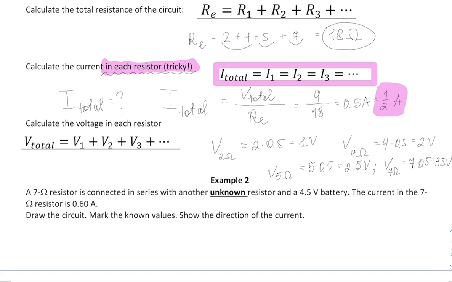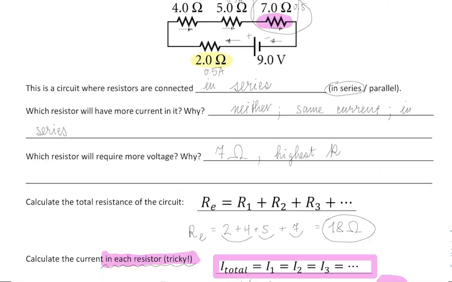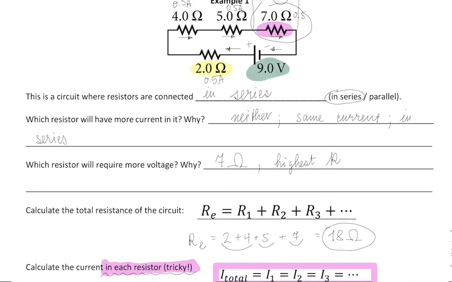Now notice that if I add all of these together, 2 volts plus 1 volt, that's 3, and then 6.5, and finally altogether they will give me 9 volts, which is the voltage of the battery. So again, for each one of these, I multiplied 2 times 0.5, 1 volt.